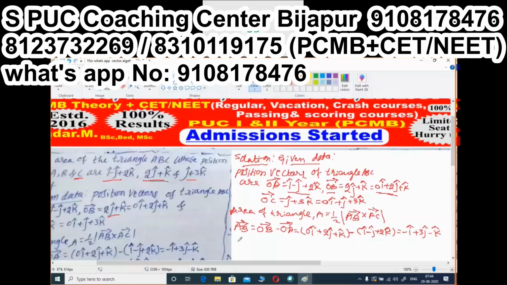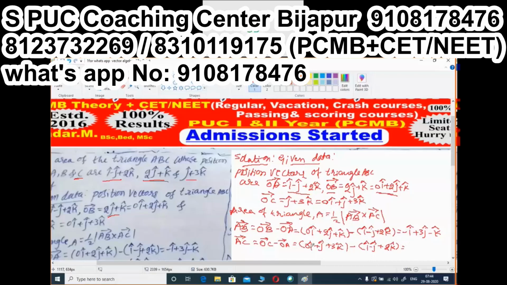So similarly you find out concerning the AC. Tell me, what comes first? AC vector is OC vector minus OA vector. OC vector is 0 i cap plus j cap plus 3k cap, minus again that OA vector as it is, you write it: i cap minus j cap plus 2k cap. Simplify.